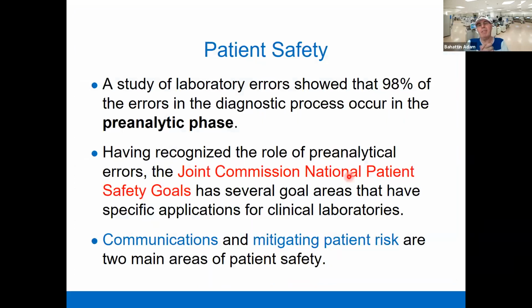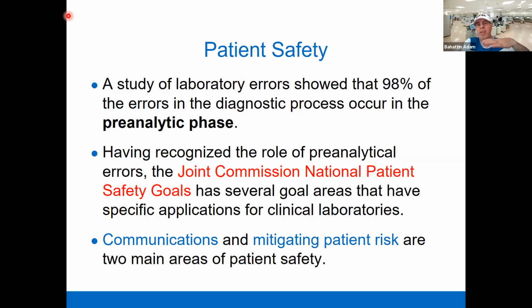Okay, now it is time to talk about safety of patients, safety of the lab staff, the healthcare providers. A study of laboratory errors showed that about 98% of the errors in the diagnostic process occur in the pre-analytic phase.